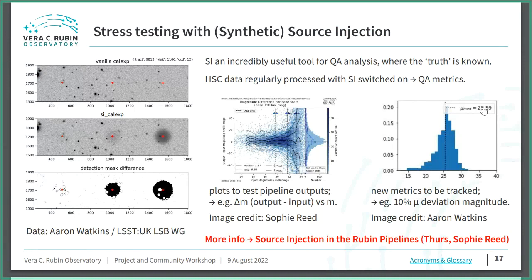Anyone can have a look at that, and please let us know your thoughts. We'll be injecting synthetic sources into our imaging and then using those processed outputs to ascertain how well a job we've done at background subtraction, as well as other fidelity metrics on those sources. I won't say too much more about that now, just that there is a session on Thursday led by Sophie Reed on source injection in the Rubin pipelines. I encourage anyone with interest in that to attend that session on Thursday. Next slide, please.